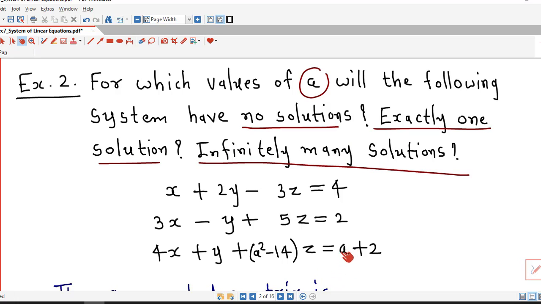So for different values of a we will have different equations in this third equation. The third equation depends on the value of a. So for different values of small a we will have different equations, and so different systems.